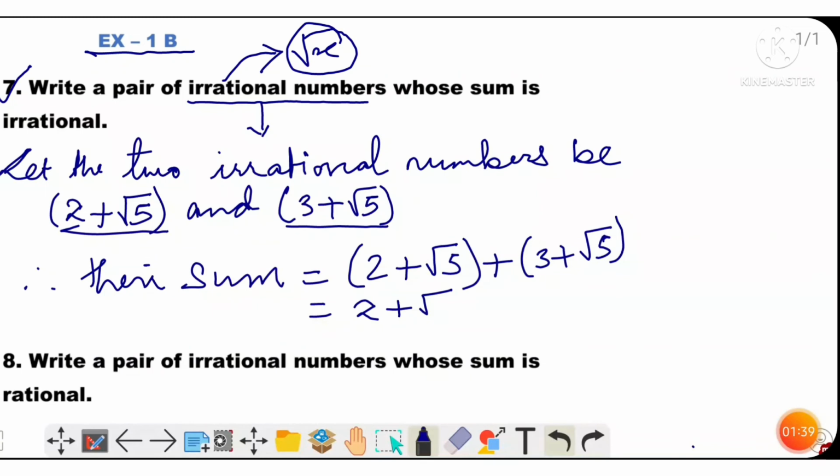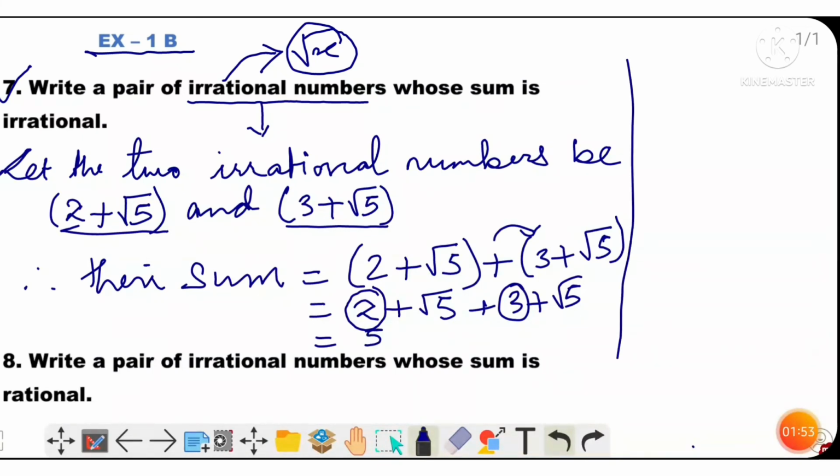Here we will not change the sign. Now we have to add the numbers first. 2 plus 3 is 5, and there are two root 5's here. We got 5 plus 1 root 5 and 1 root 5.